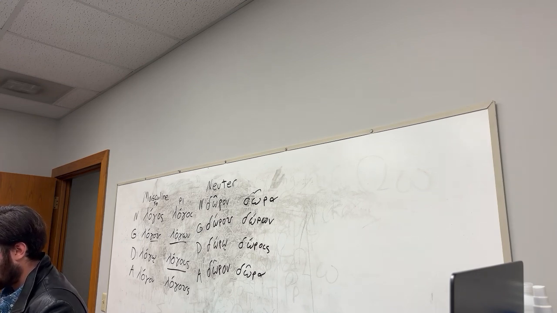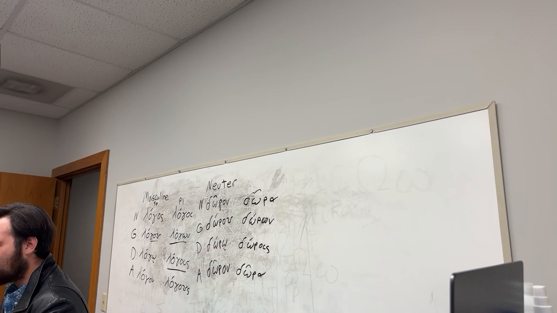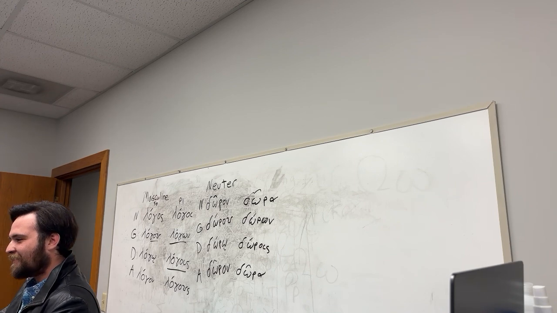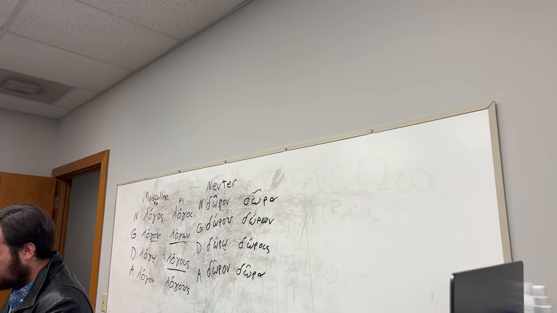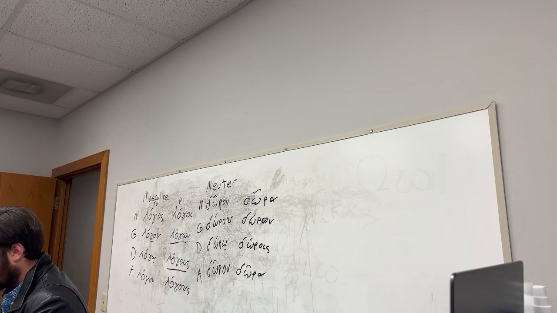Anthropos, and then with the article before it. Ho anthropos. The man. And you can add the rough breathing if you want, but that's fine. Okay, Irene. Ho apostolos, an apostle, or the apostle. Yes, very good.